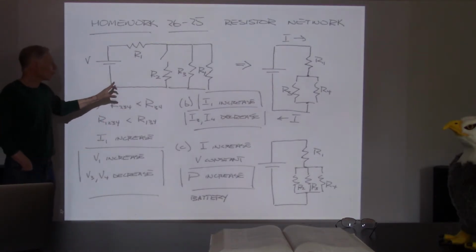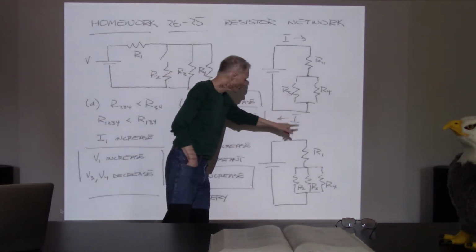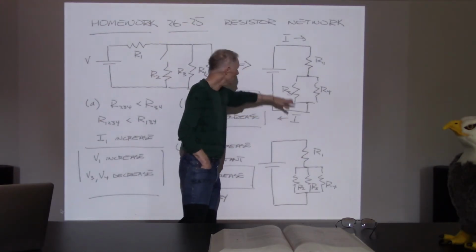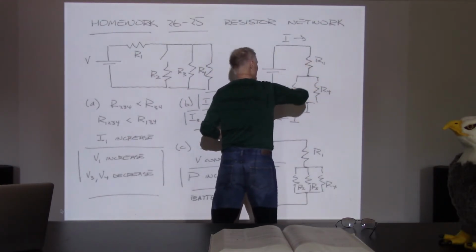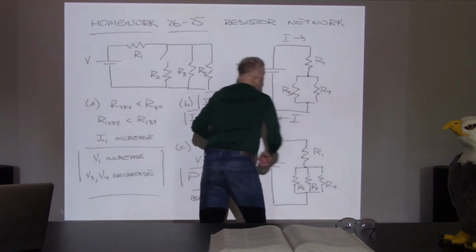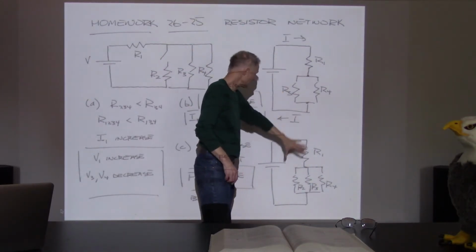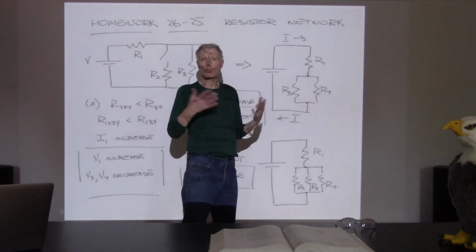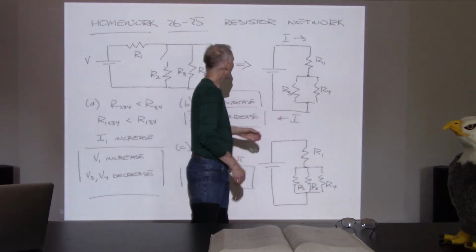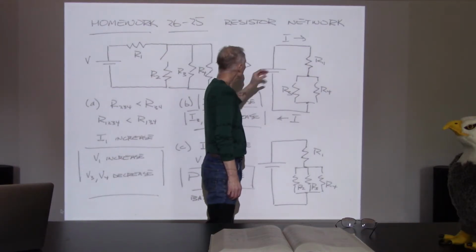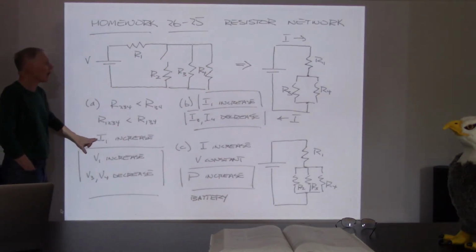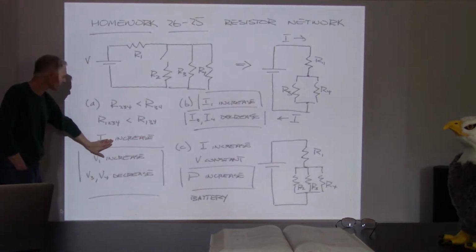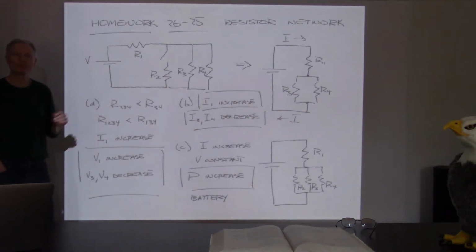Now, if the overall resistance goes down here and it's higher here, that means I can think of this as just one resistor here and compare it with one resistor here. Well, this resistor has more resistance than that one does, once we've done the equivalent resistance approach. And so this is going to have less current, and this will now have more current. So the current, which I've called I1, is really just the total current through the whole network.